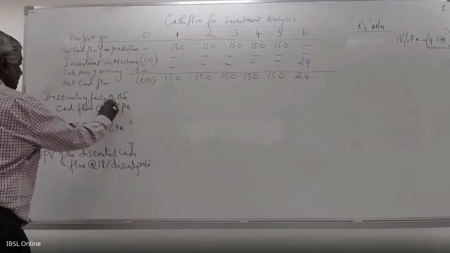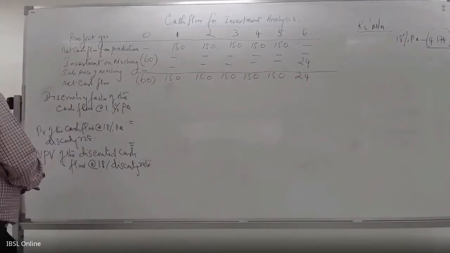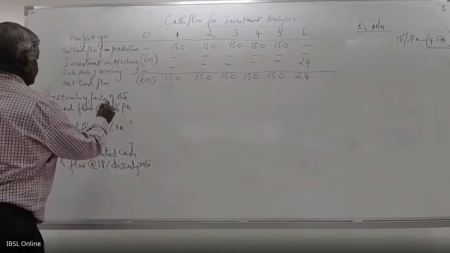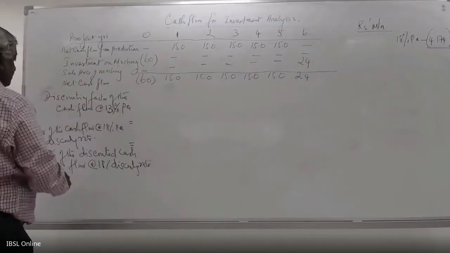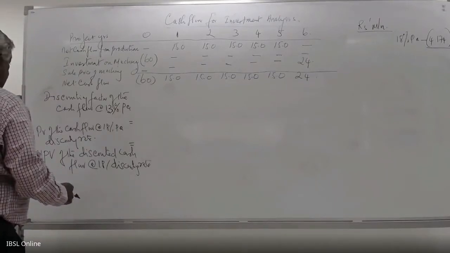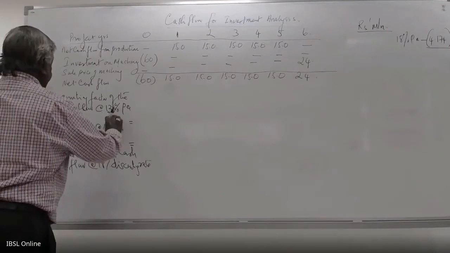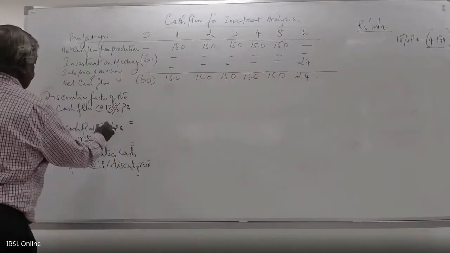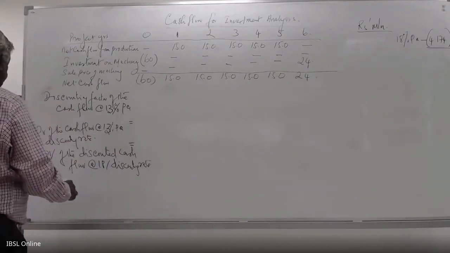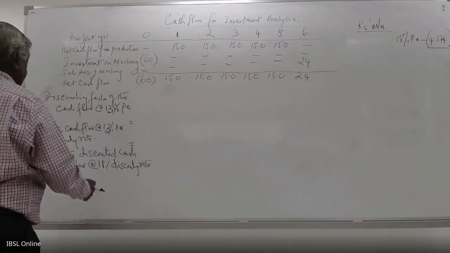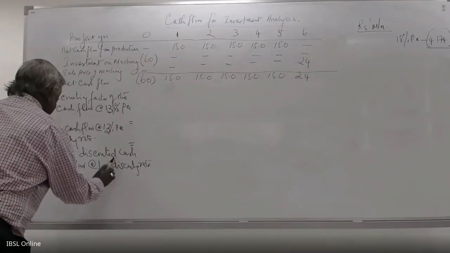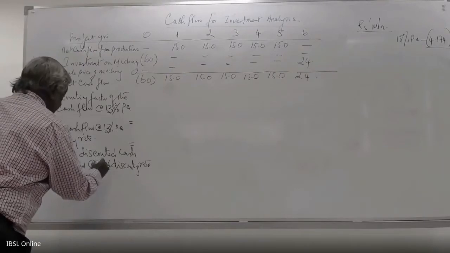So again, now, the discounting factor at 13% interest rate. After that, the PV of the cash flow at 13% interest rate. Now everything we have to do at 13%: the NPV of the discounted cash flow at 13%.